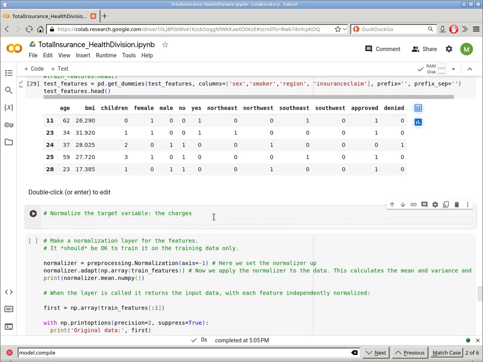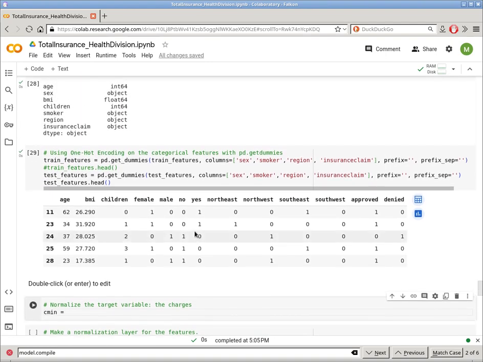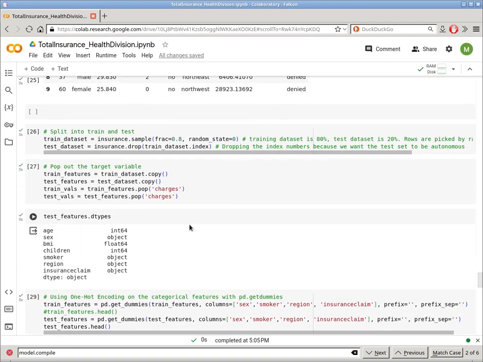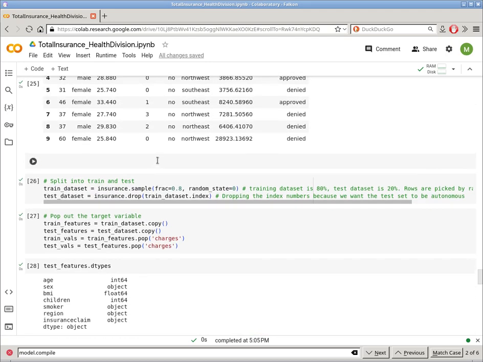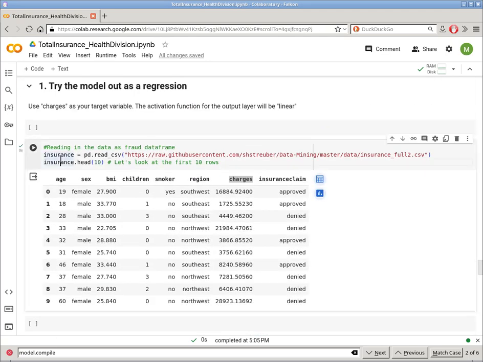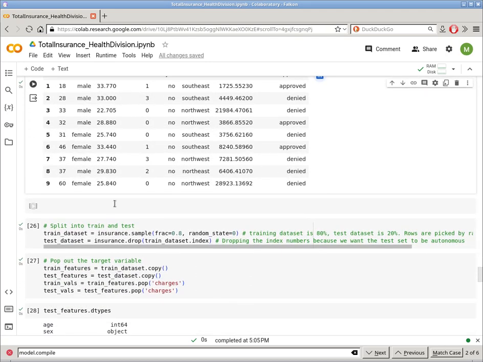So what do we need to do? We need to get the minimum and maximum charges, right? So Cmin, the minimum charge, will be, well, we notice that before we split it, we read everything into a data frame called insurance, which we then split into training and testing.